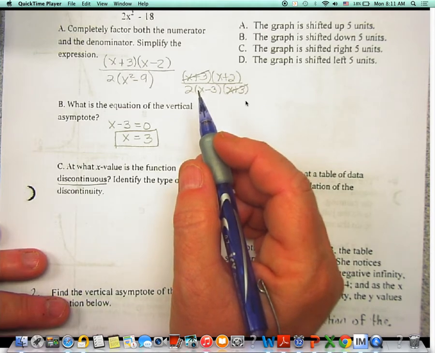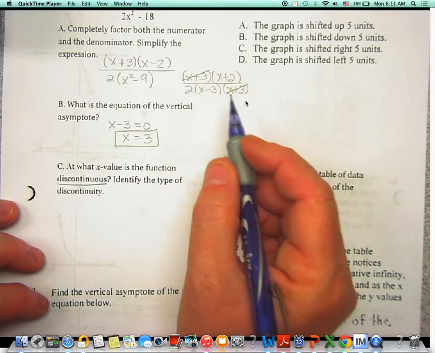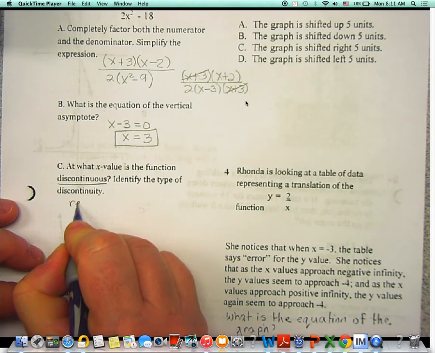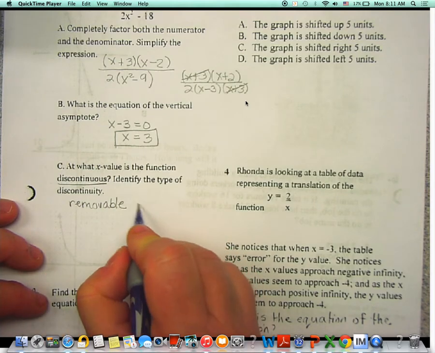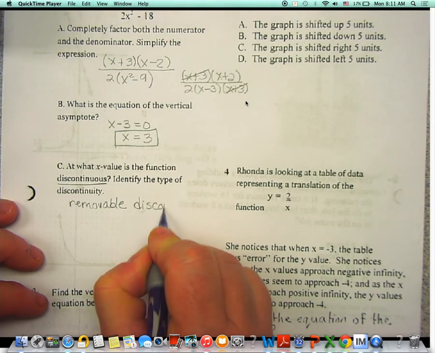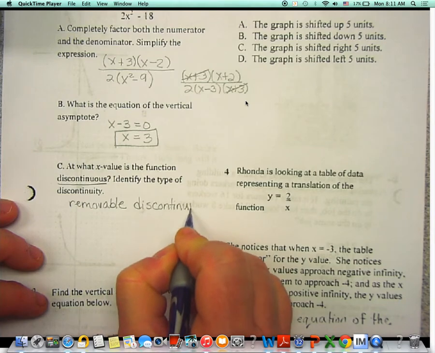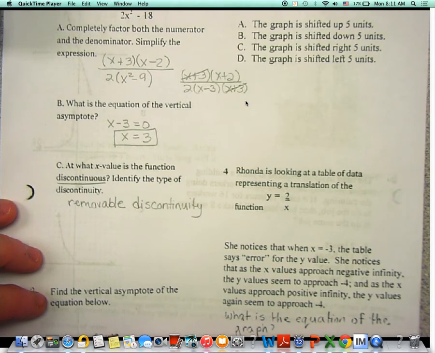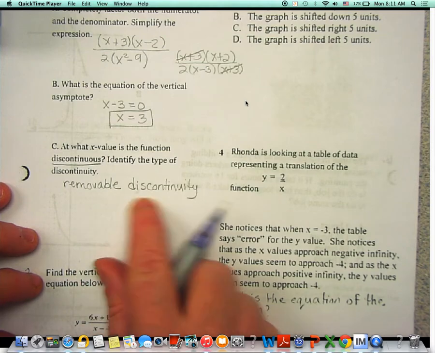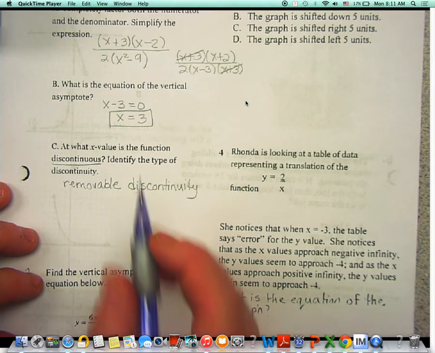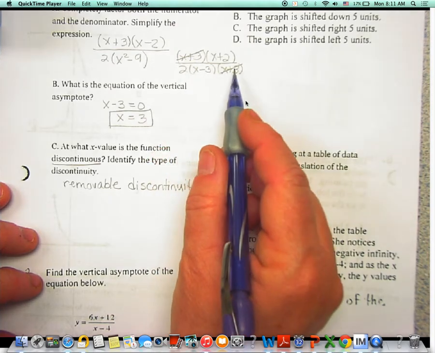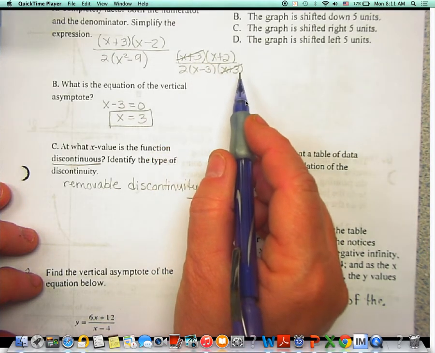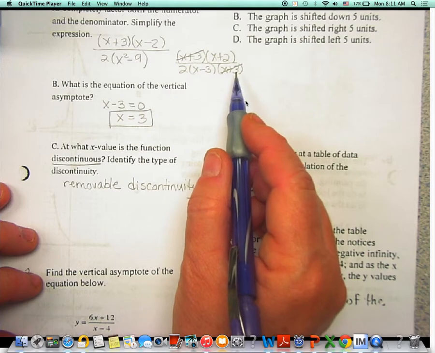It creates a gap or a hole, and so this is called a removable discontinuity. Remember that? So in your journal, you can look for that page. When it asks for what kind of discontinuity, this is what you're looking for. And it occurs where? What was the thing that canceled out?